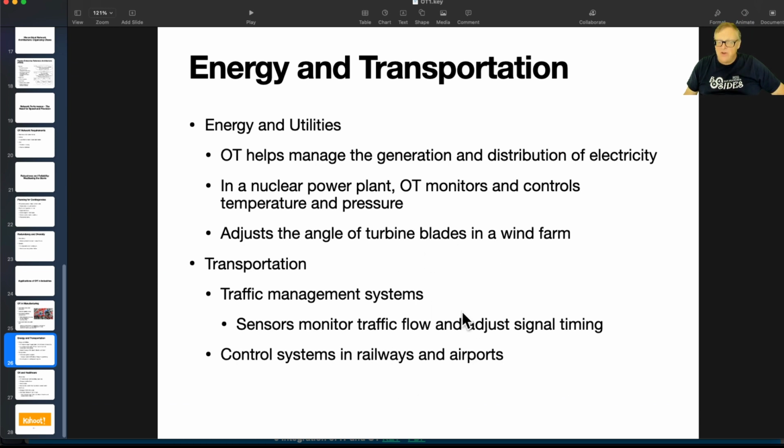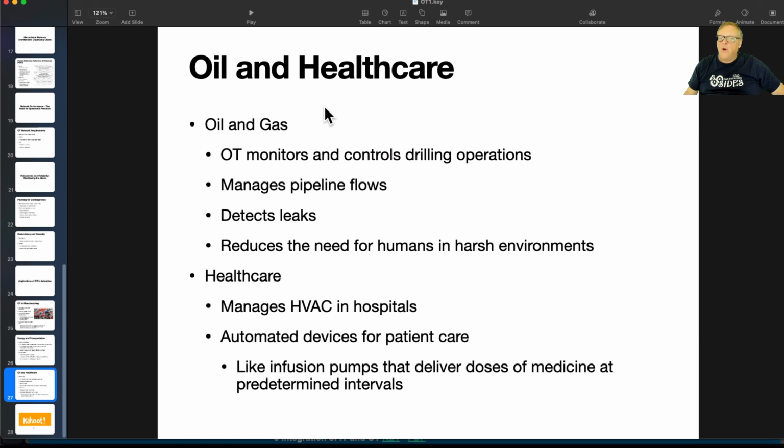In transportation, your traffic management systems and signals and so on, and air traffic control at airports, and railway control. All these things are done with OT systems. And oil and gas creation and distribution is all done with OT systems. And healthcare manages automated devices for environmental control and patient care.